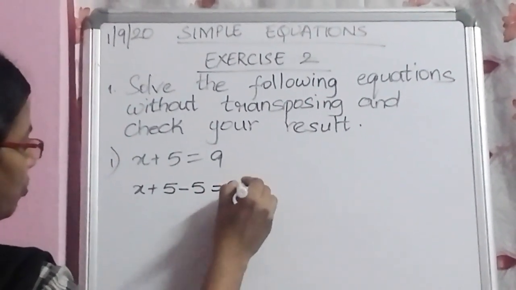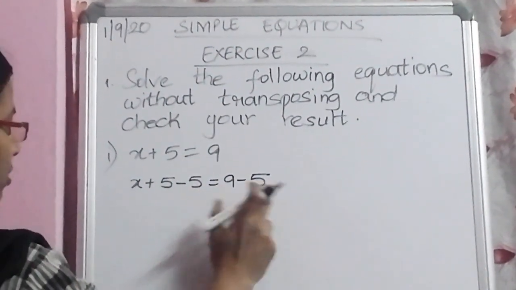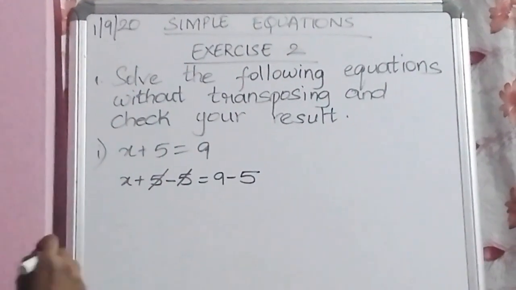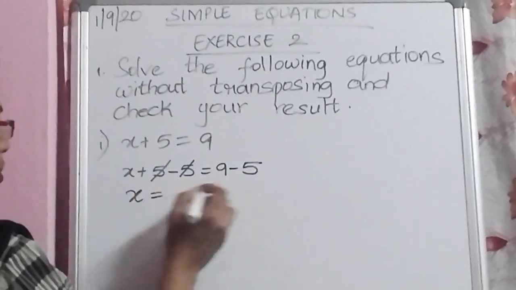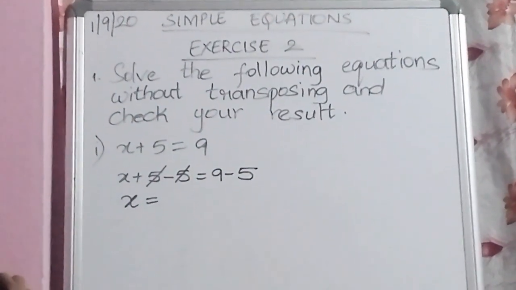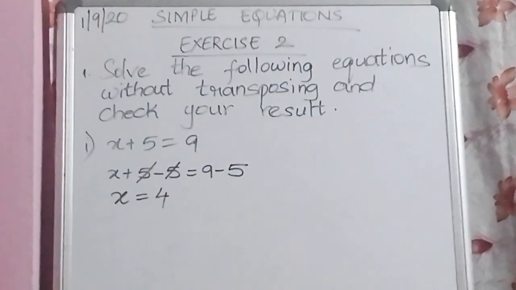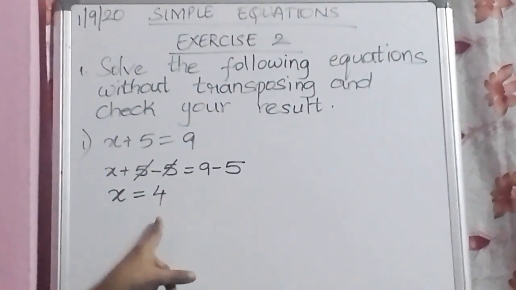I am going to do it on both the sides, 5 minus 5 and 9 minus 5. 5 minus 5, both of them get cancelled. Plus 5 minus 5 becomes 0. So now x is equal to 9 minus 5, which is how much? 4. Very good. So you got the value of x as 4.